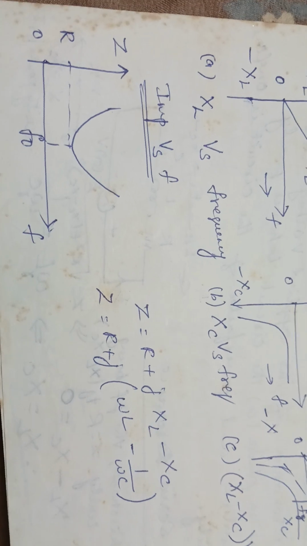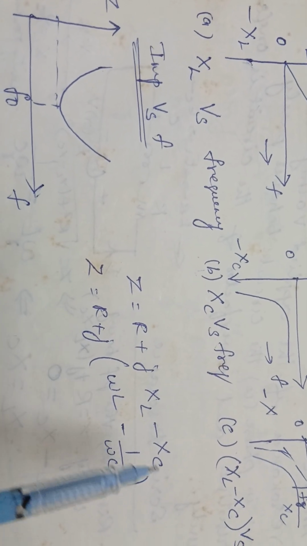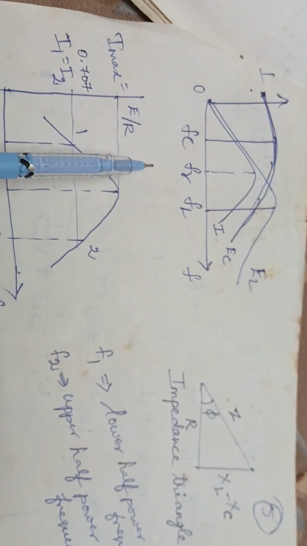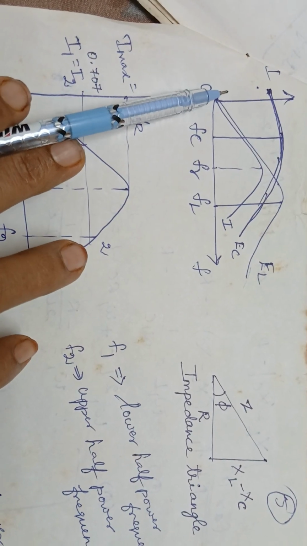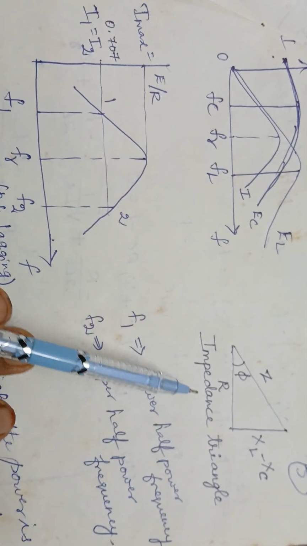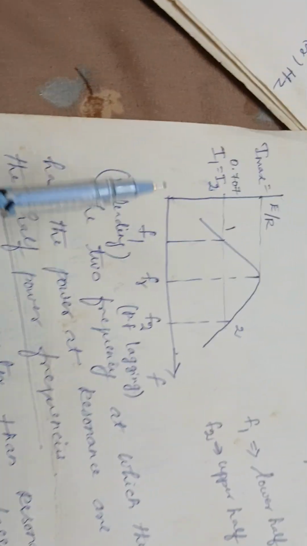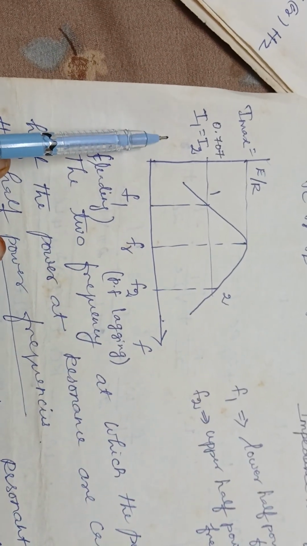And this is the value, Z is equal to R plus j into (XL minus XC). So this is the curve for frequency versus the input current with different voltages, and this is the impedance triangle, and this curve represents the frequency and the current.